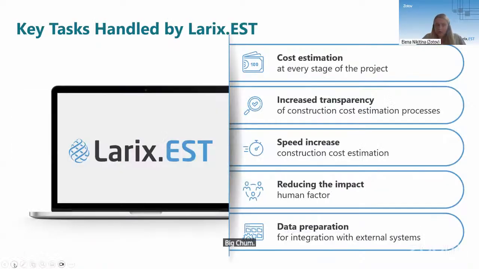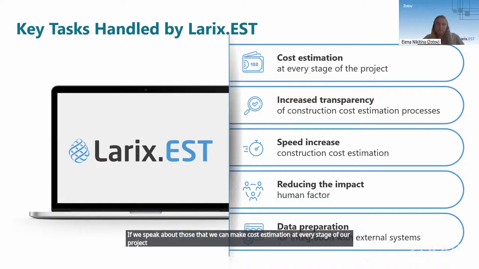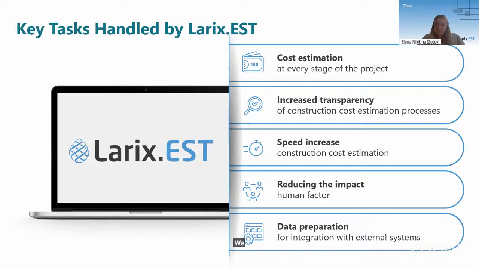And next, I want to say some key tasks of Larix EST. First, we can make cost estimation at every stage of our project. So we can start our estimation from a dozen line cost items, and we can get more information when we have maybe the design project.